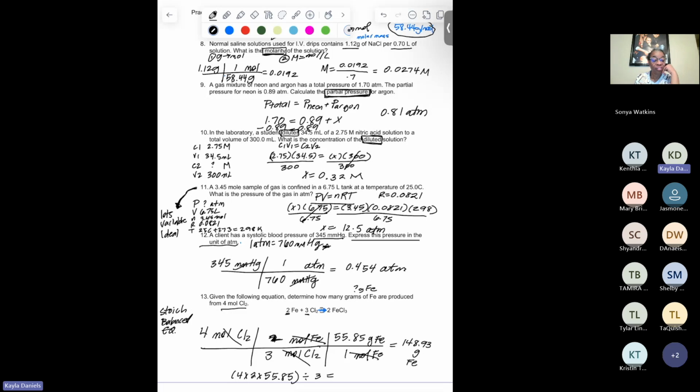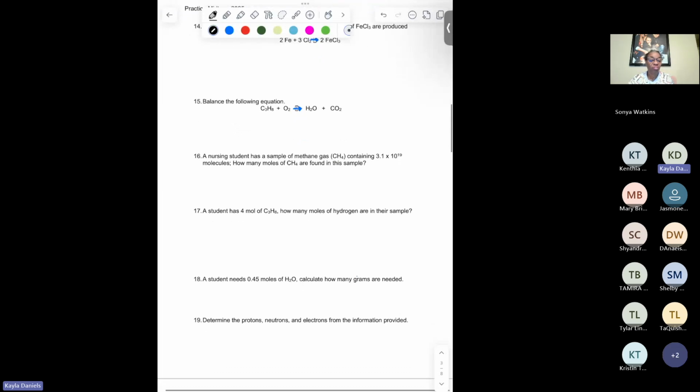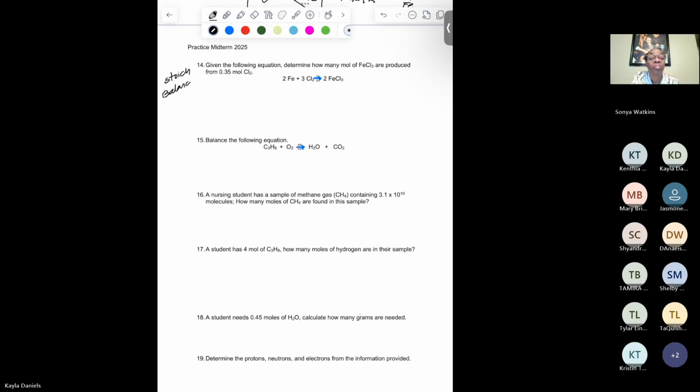All right, any other questions about this page? All right, we'll keep going. So 14, another stoichiometry one, and like I said, the giveaway is the already balanced equation.